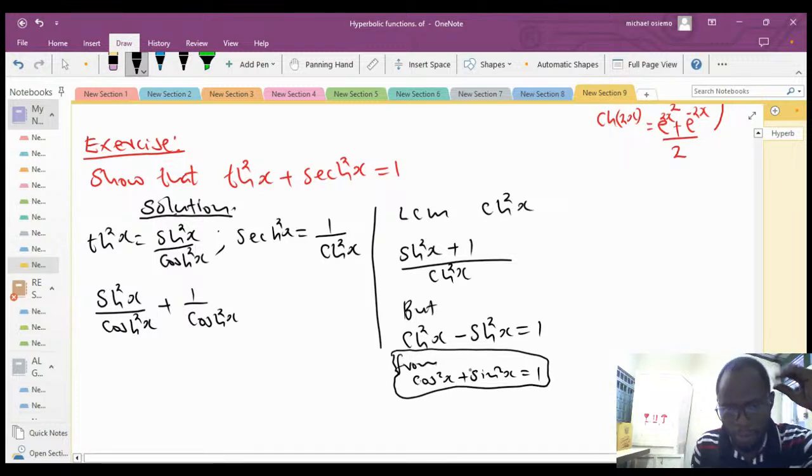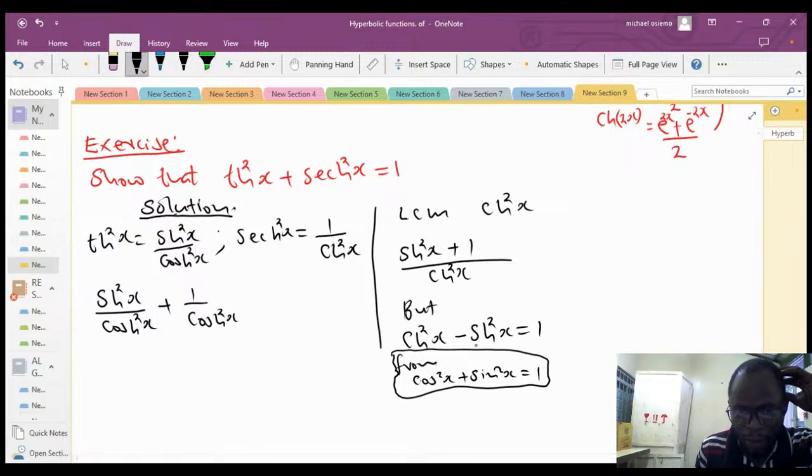Remember, we said you can convert a trigonometric identity to a hyperbolic identity simply by applying Osborn's rule. That cos squared, it will be this. But for the sine, because this is sine times sine, the sign before it is going to change.